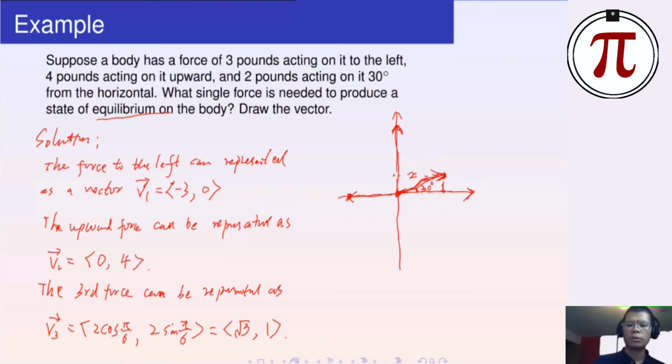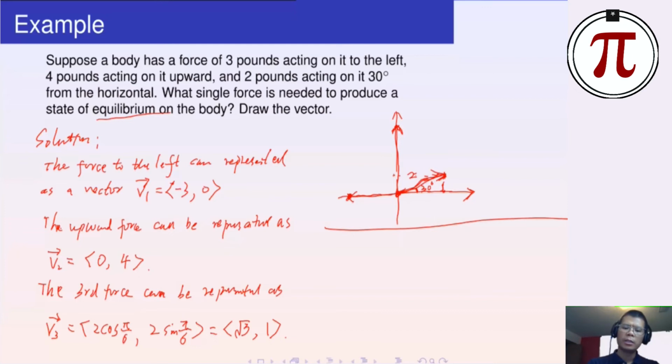Now, the single force is needed to produce a state of equilibrium. For a body to be in equilibrium, the composite force should be no force acting on it, so the magnitude must be 0.